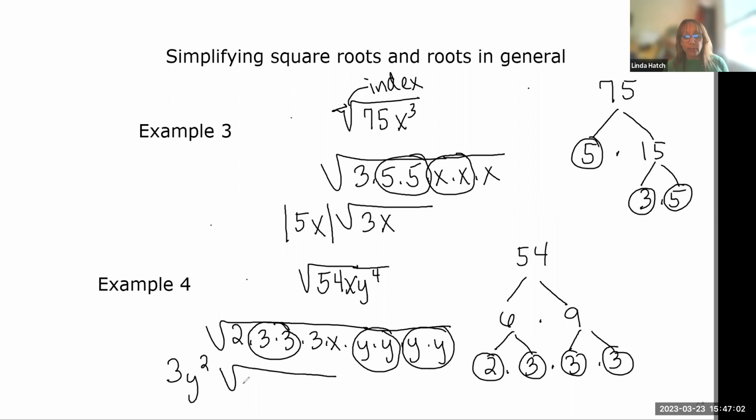And if you caught what I'm doing, I'm really looking for the square roots. That's what I'm looking for. So I'll put that out as absolute value of 3y squared, because that's my principal root. And I'll put times the square root of 6x. And I'm done. That is it.